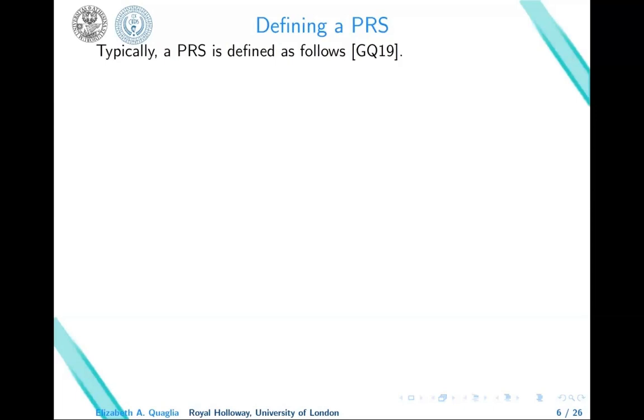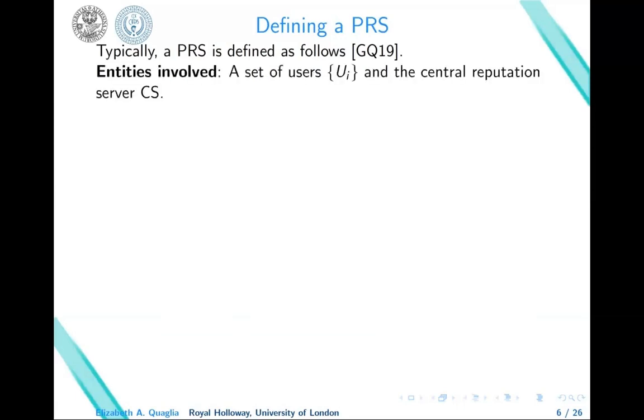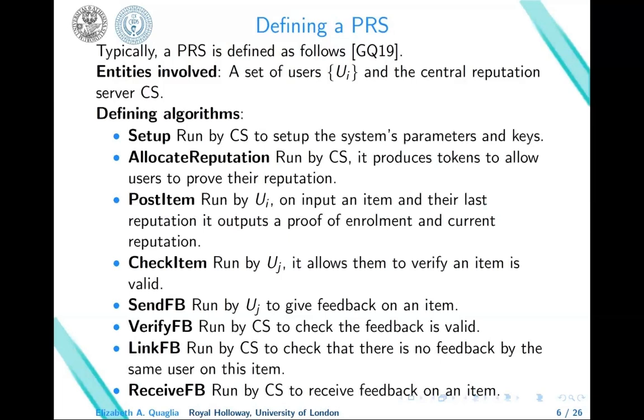There are many models and many definitions out there, very similar to each other, but with little nuances that differ. So we focused on one of the most recent, that introduces clearly what entities are involved in a PRS. You have a set of users U_i and the central reputation server, and then it goes on to define what algorithms constitute a peer rating system.